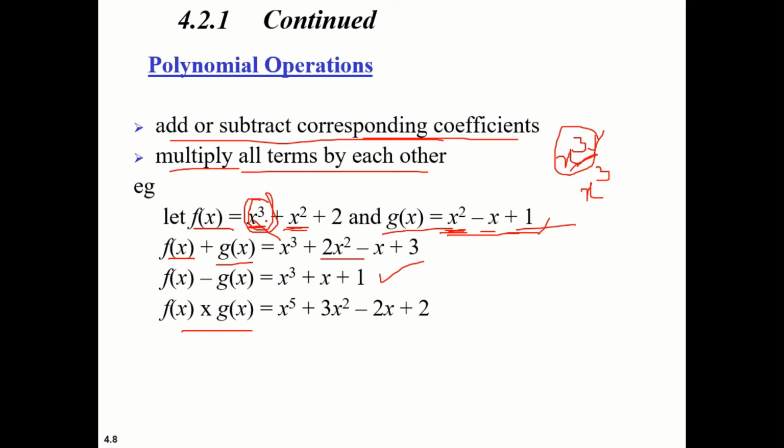Okay, and when you multiply these terms, then these powers get added. So when you multiply this x cube with x square, the result will be x raised to 5. So this is how we perform multiplication. You all must be knowing these operations. These are very simple operations.